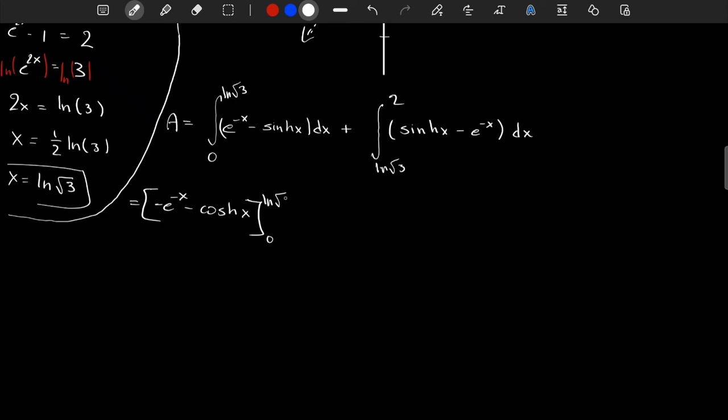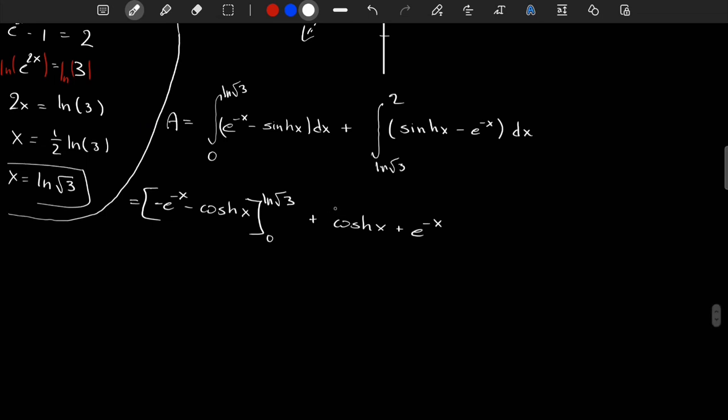These are the integrals evaluated at 0 and the natural logarithm, plus cosh of x minus the negative e to the negative e to the x evaluated at ln square root of 3 and 2. Now it's pretty simple algebra from now on.